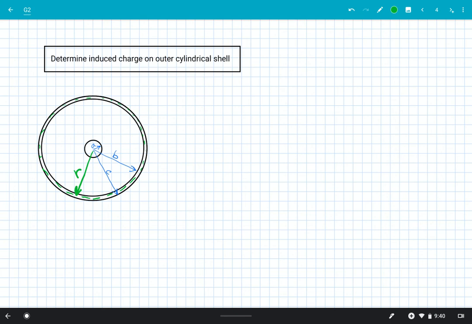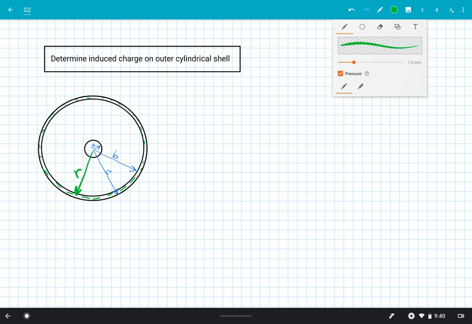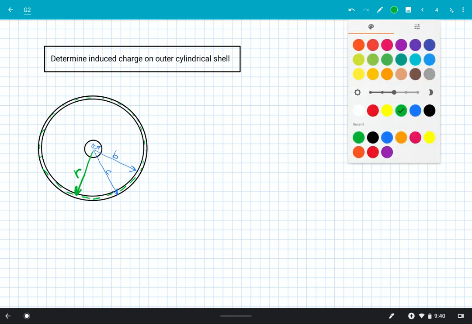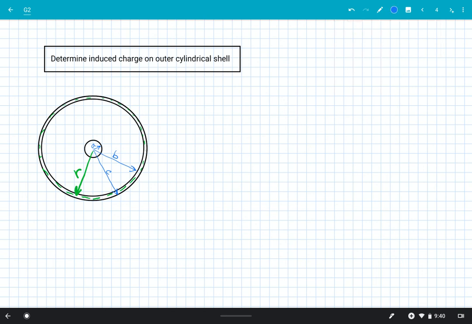Okay, now I need to go through some of my logic, and this is going to be the same as last time. So inside conductors, and this is for isolated conductors, inside our conducting material, I know that E equals 0.